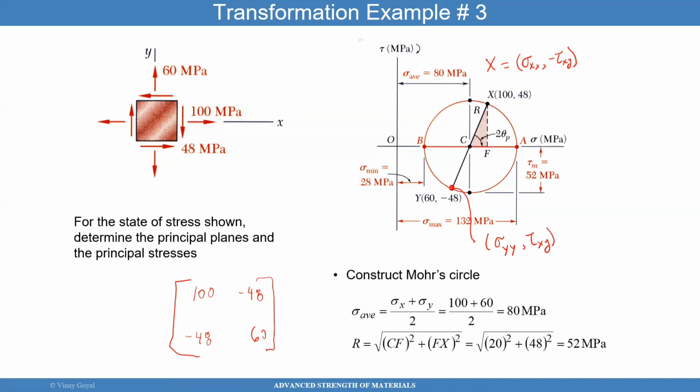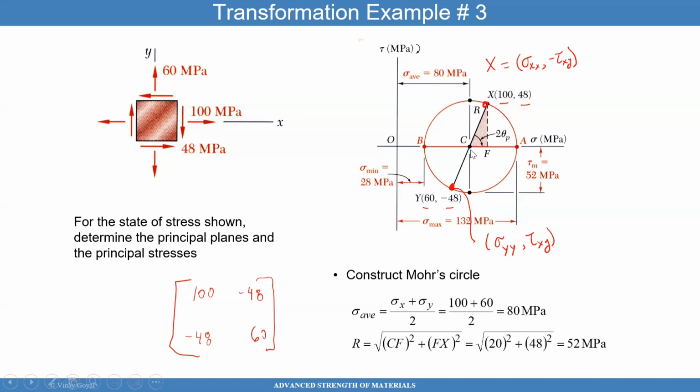So this point is 60, minus 48, and this point, 100, 48. So you can find this distance and divide that by 2 to get the radius. You get that the radius is going to be 52.